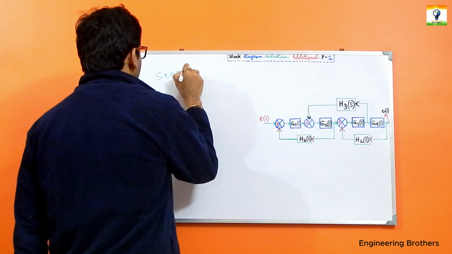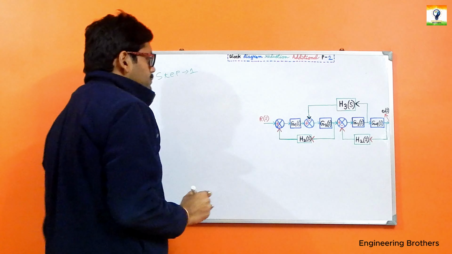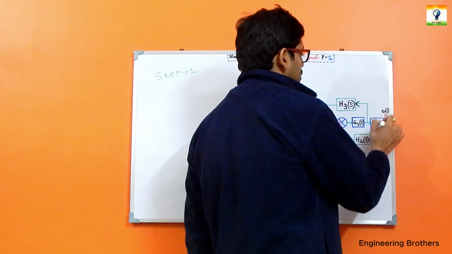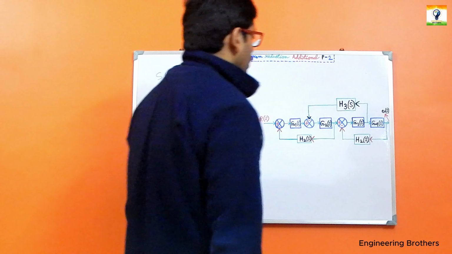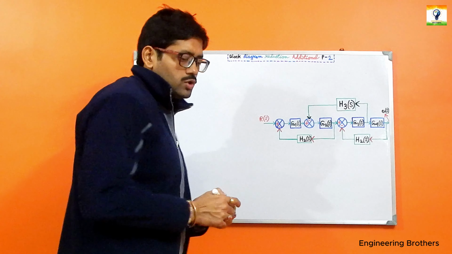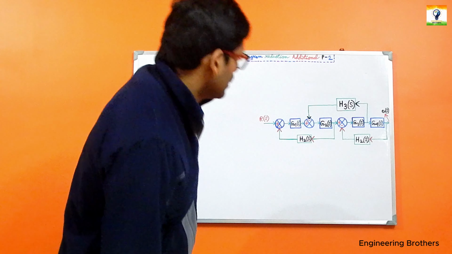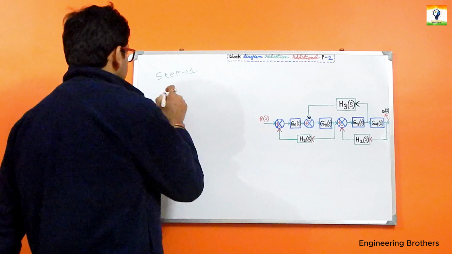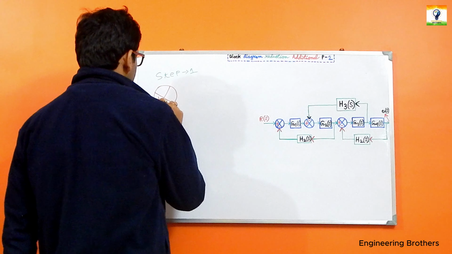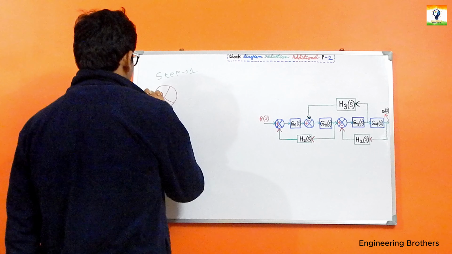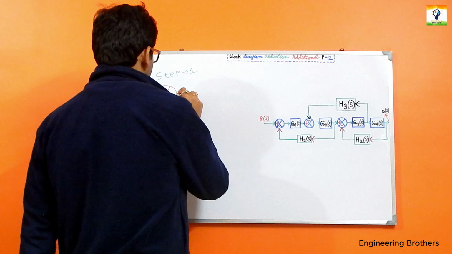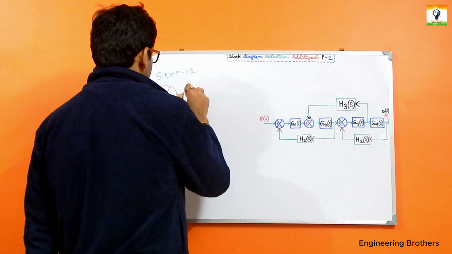Ultimately, step 1 will be: if you shift the take off point to the right hand side of this block of G4(S), then what is the nature of the block diagram? I am just going to draw it over here. Ultimately we have got R(S). This is quite naturally our R(S), and this one is our G1(S).